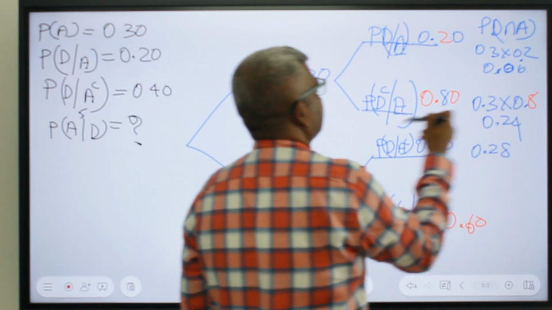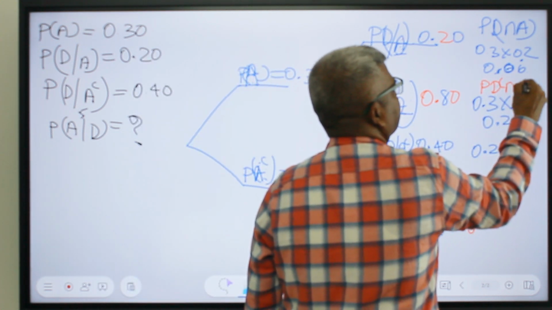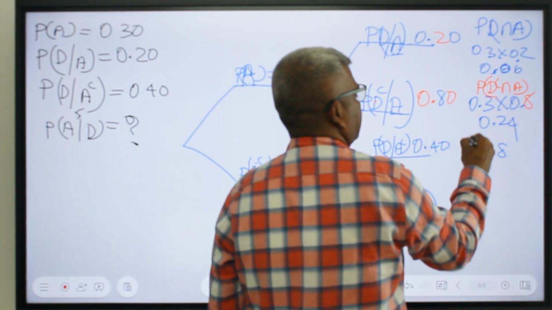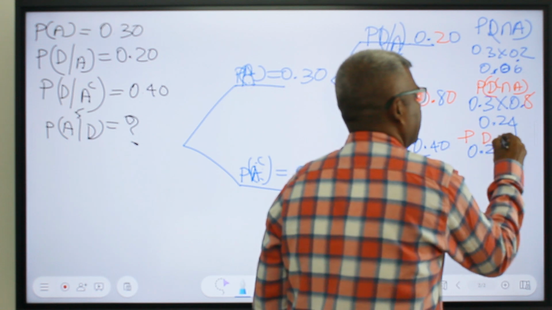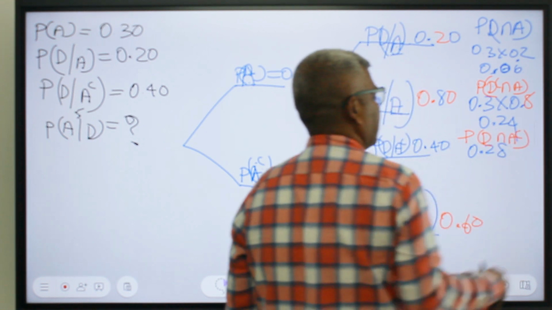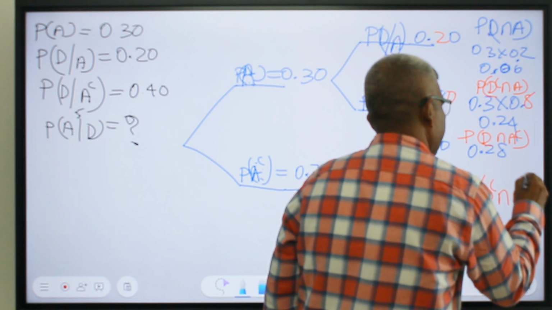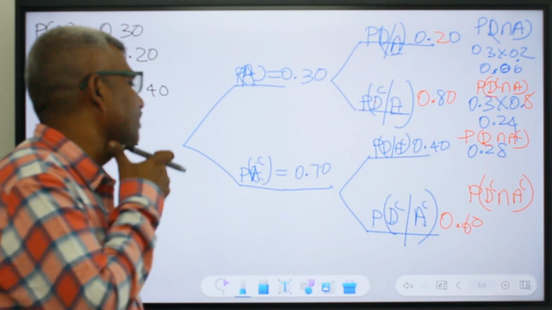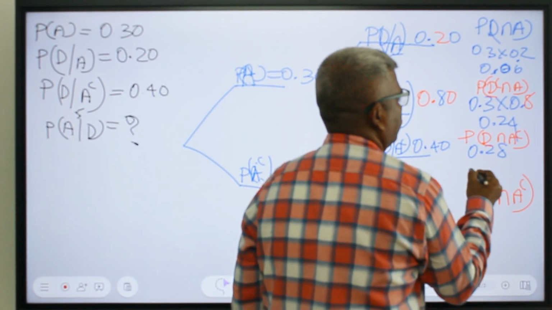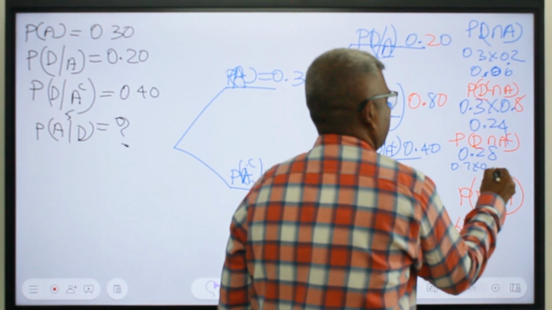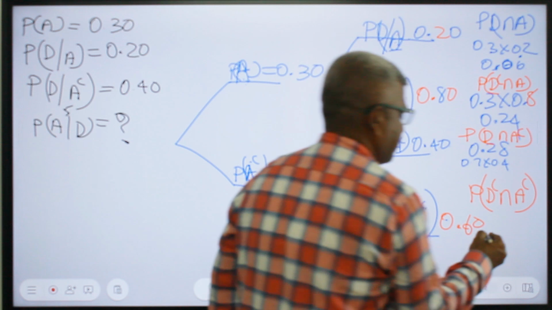What is this? This is probability of D complement intersection A. This is probability of D intersection A complement. Probability of D complement intersection A complement, 0.7 times 0.6, 0.42.